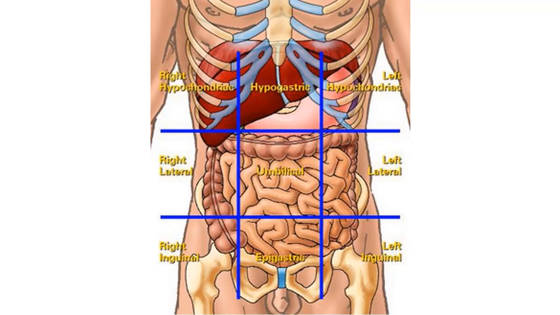The stomach is in the epigastric and left hypochondriac area. The small intestine, in a standing normal anatomical position, is in the umbilical, the hypogastric and the left iliac fossa.